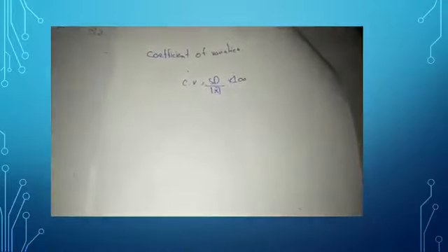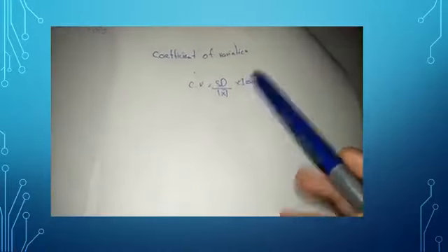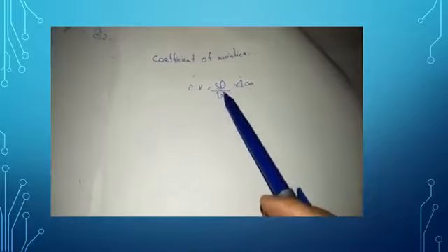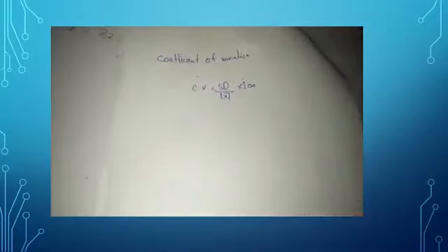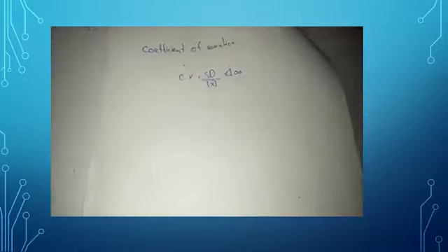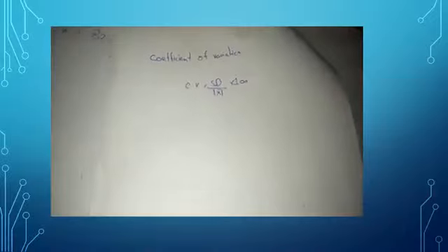Coefficient of the variation. This is the formula of the coefficient of the variation: standard deviation divided by mean multiplied by 100. To understand how to calculate the coefficient of the variation, let's do one example. In our previous lecture, we calculated question number 13.